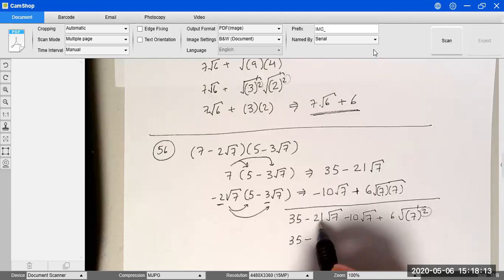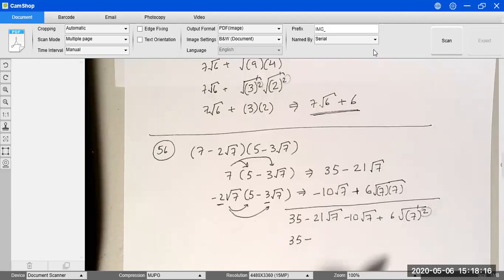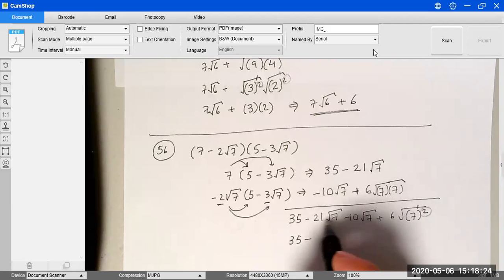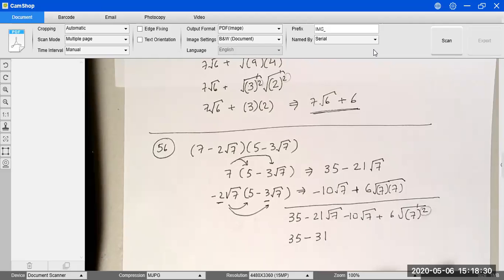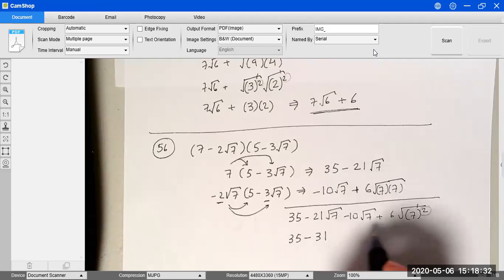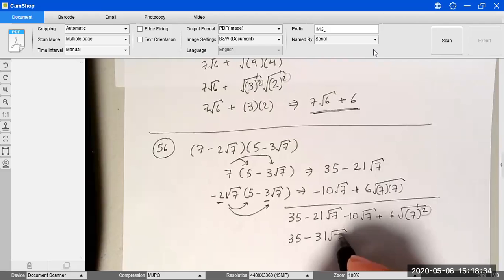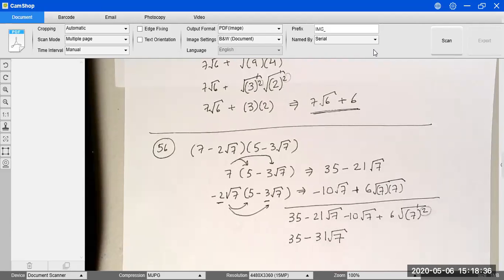So I'm going to combine these two coefficients. I have negative 21 and I have negative 10. So you are combining two negative coefficients, so you're going to get 21 and 10 is 31, and it's negative because both are negative. And they are multiplying square root of 7.